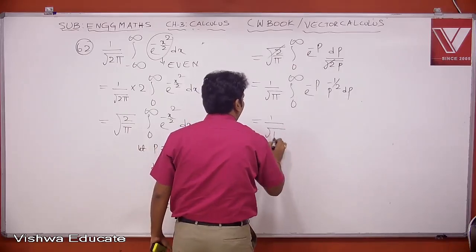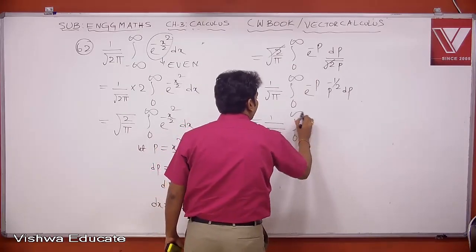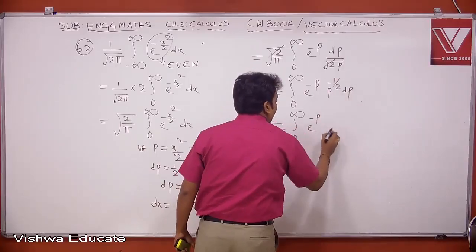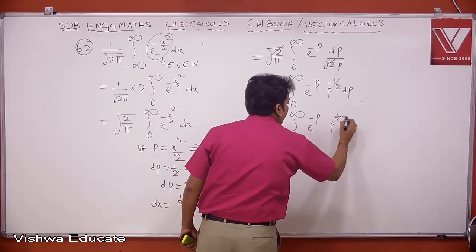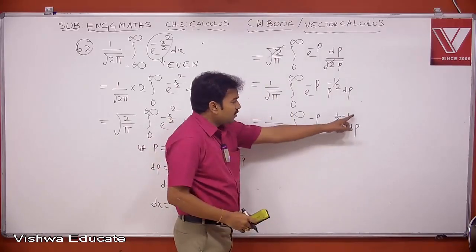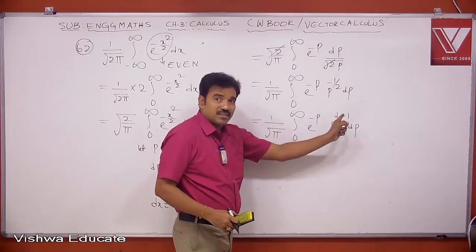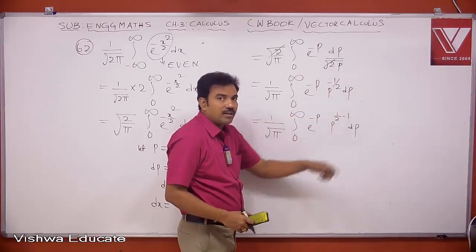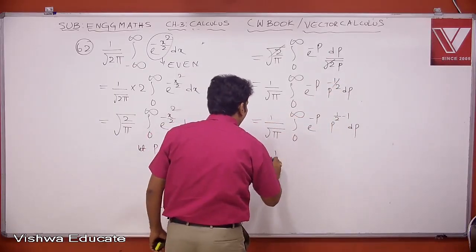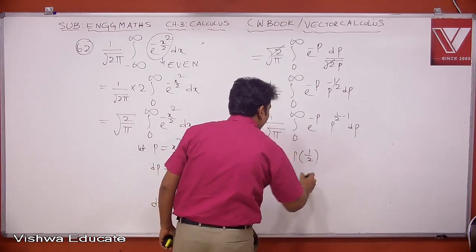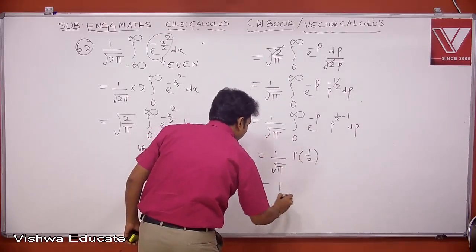Minus 1 by 2 we can write as 1 by 2 minus 1. Many times we have come across this condition, p power minus 1 by 2. Now this is 1 by square root of pi into gamma of 1 by 2. But gamma of 1 by 2 is root pi. So the answer is 1.